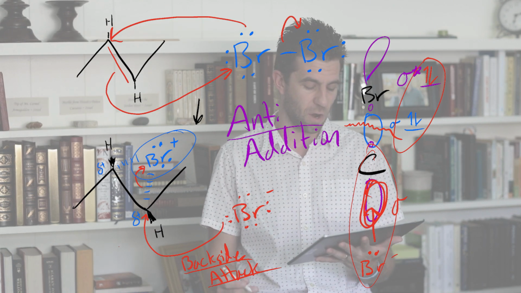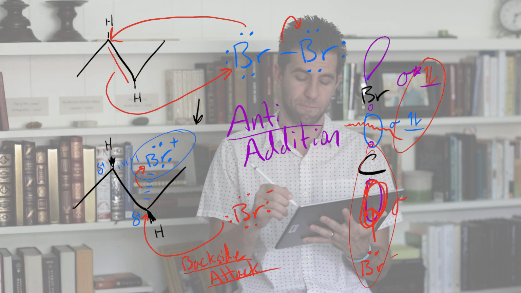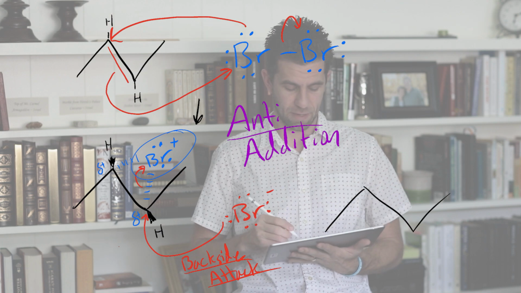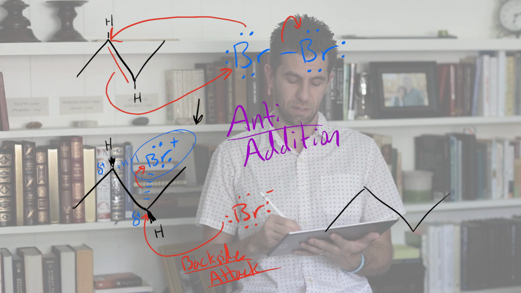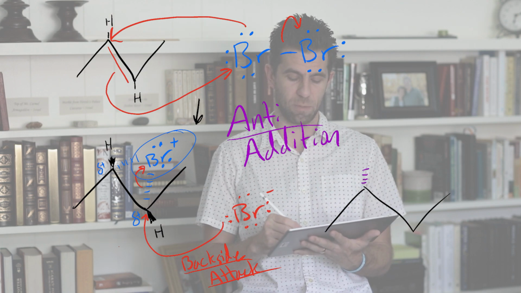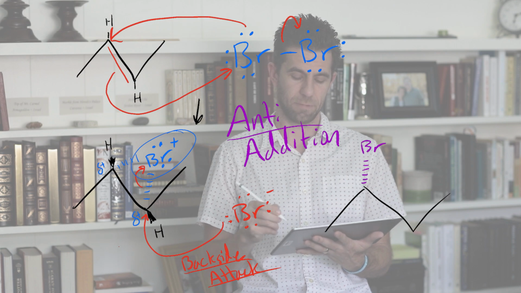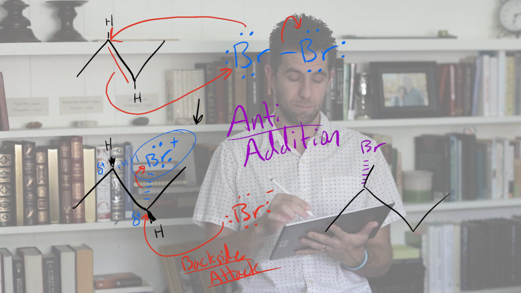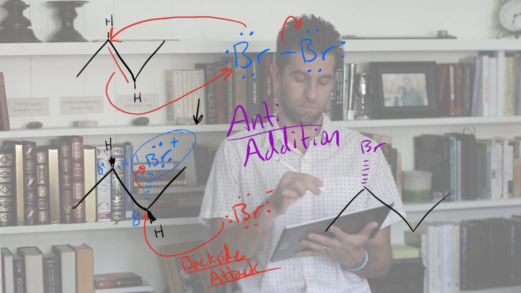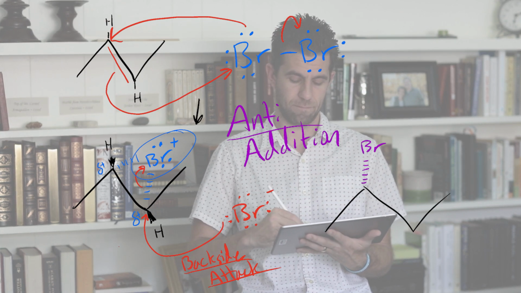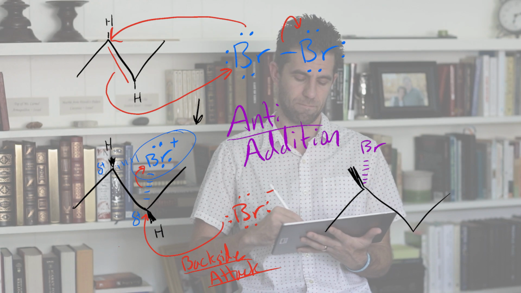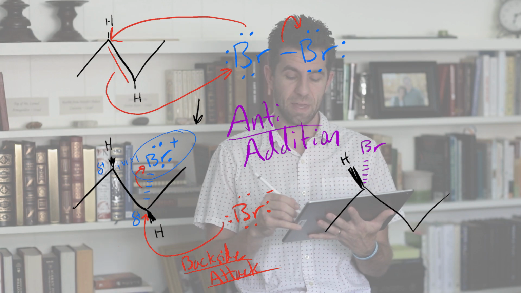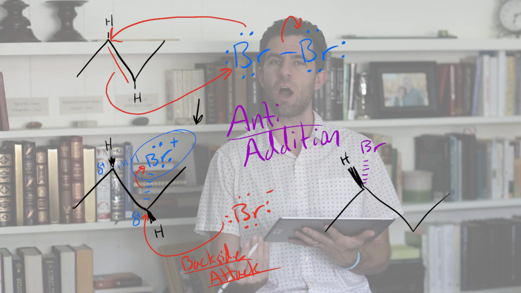Because the Brs in the end, if I look at our final result, what we're going to have is one Br that's still here. As we drew it before, it's in the back, like this. And then, of course, we have our hydrogen here in the front. But the other Br, remember, had to attack from the opposite side.